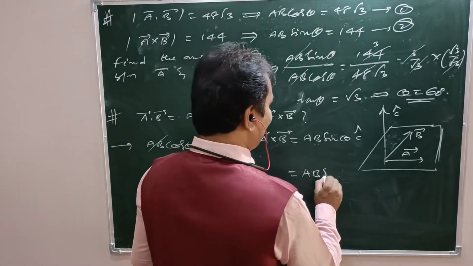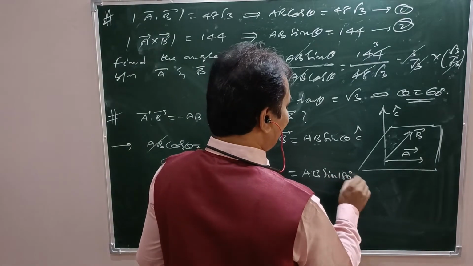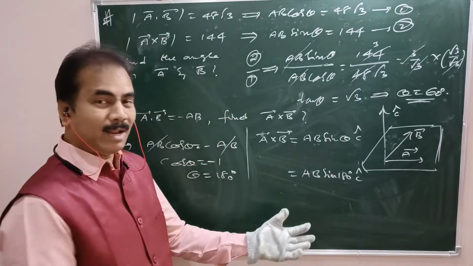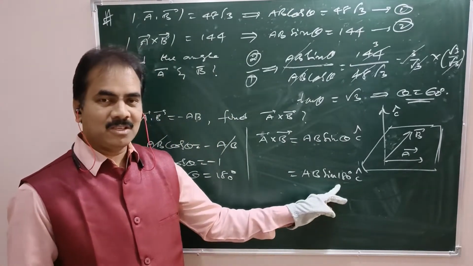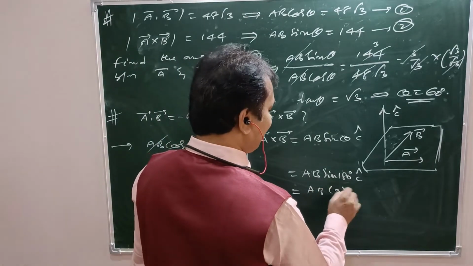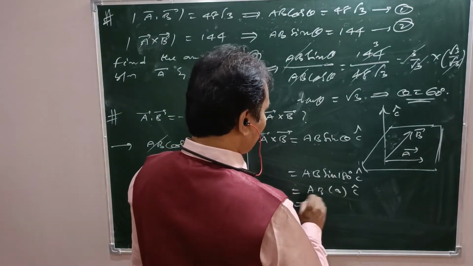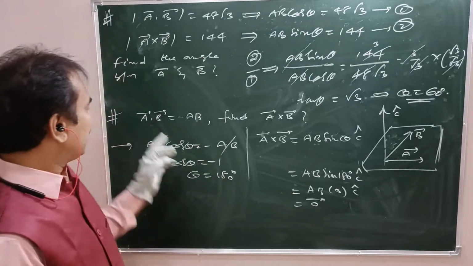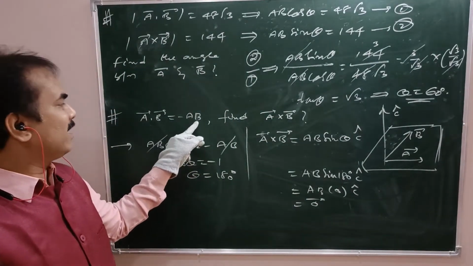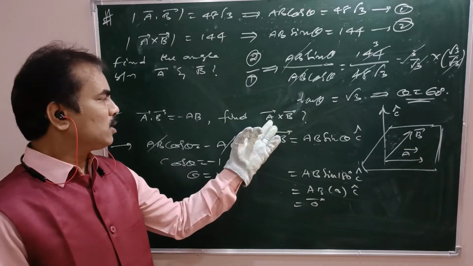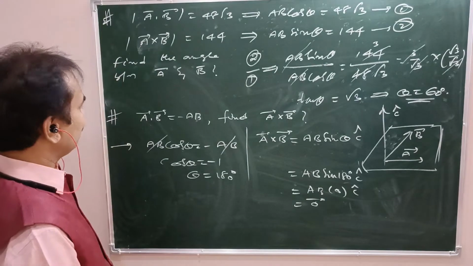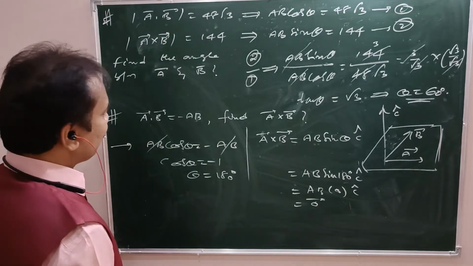That is sin 180 degrees into some unit vector perpendicular to A bar and B bar. What about sin 180? That is 0. So AB into 0 into C, that is 0 bar. Now, if A bar dot B bar equal to minus of the product of their magnitudes, then the cross product of the same vectors is equal to the null vector. Am I right?